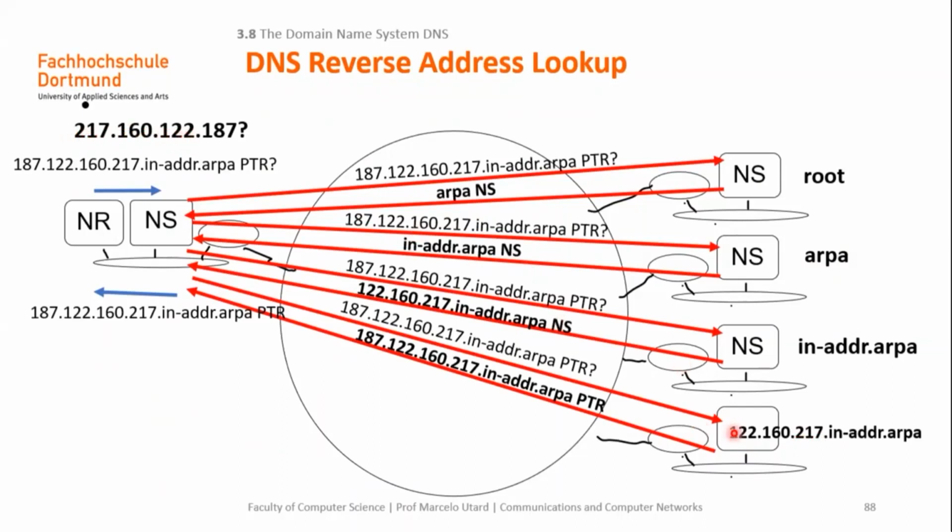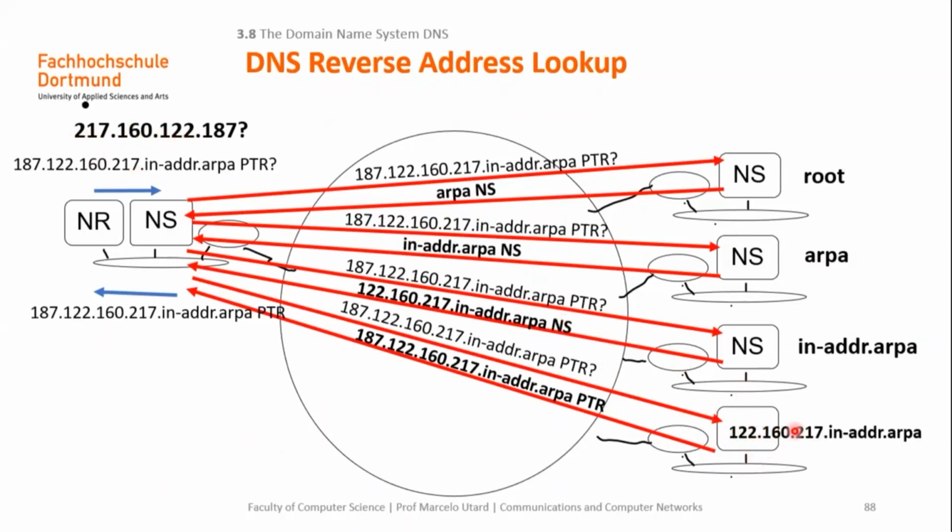Then finally, this name server will respond. Typically, this name server is administered by an ISP, the ISP that received the assignation of this net number to assign IP addresses in the internet.